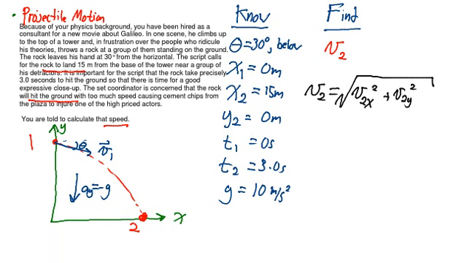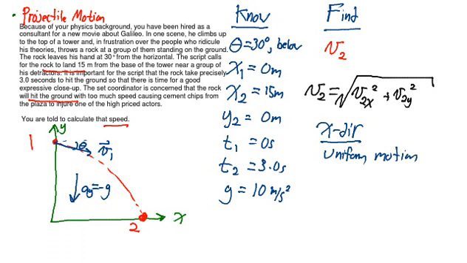And so now we can start to use our physics concepts to work our way through this. So in the x direction, we know that projectile motion is one in which there is uniform motion. Essentially, that's the definition of projectile motion.